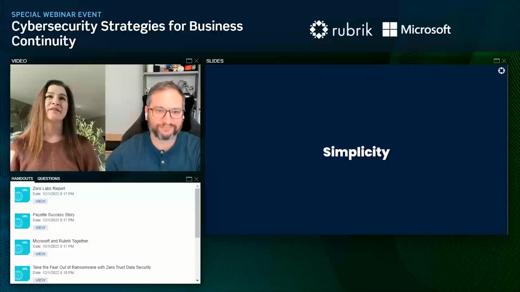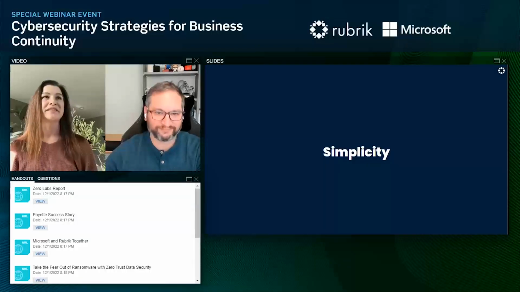And the first one for me was simplicity. There's a lot of things I could say about this, but you want to have a BCDR plan that is personal to your company, right? It has to work and should be smart with all the things that we've been talking about.